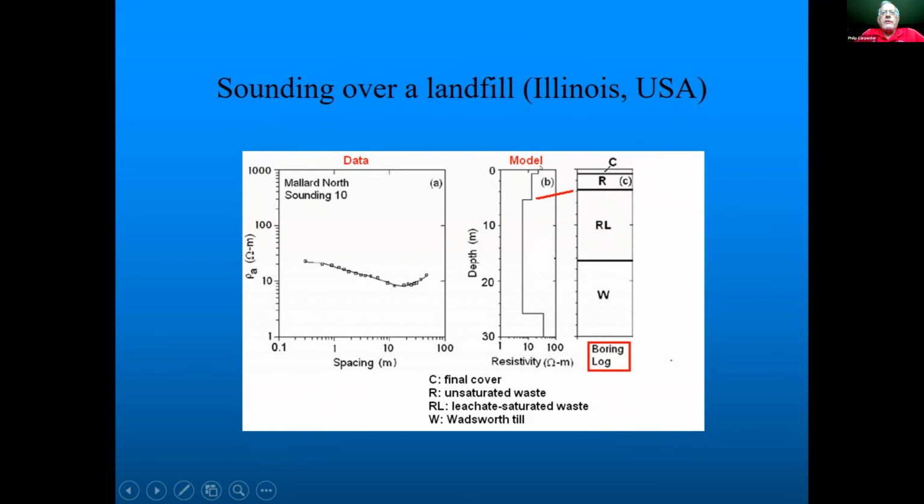And those represent 4 layers here, with depths going down to about 30 meters, more or less. So this is the actual curve we collected. This is the model from the computer inversion. And this is the actual interpretation.